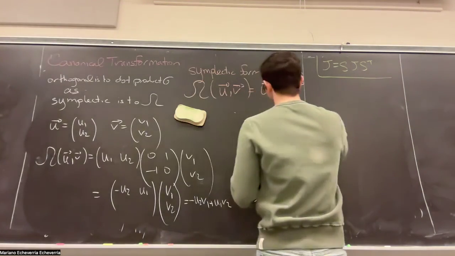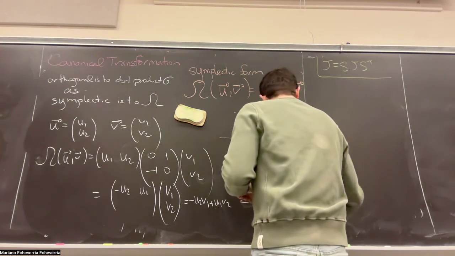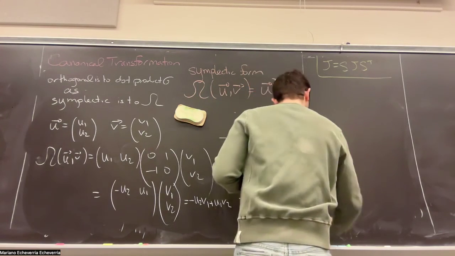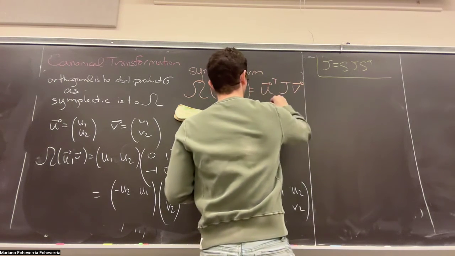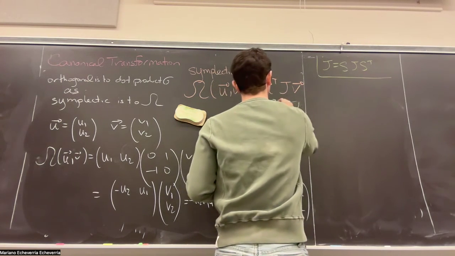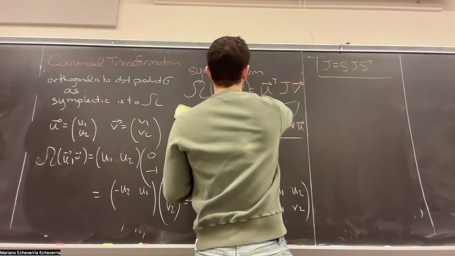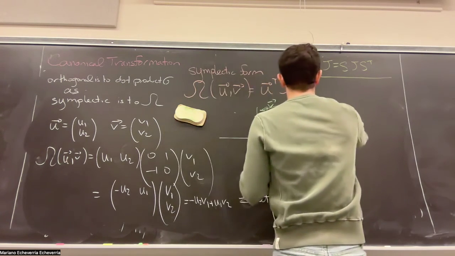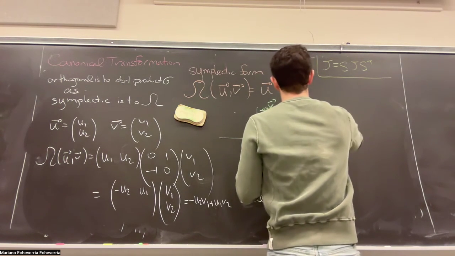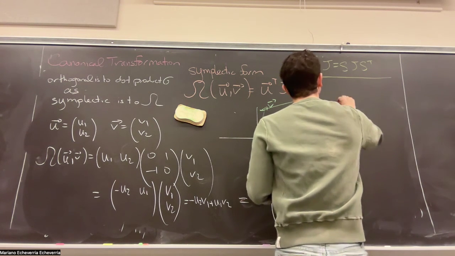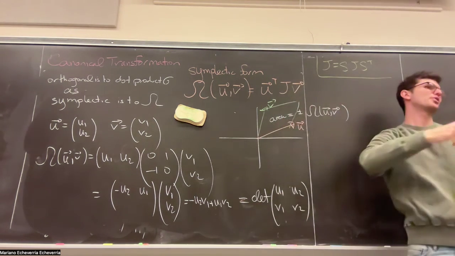So what I'm saying is that you had two vectors U and V, and they span some area. And this area is essentially, in absolute value, plus or minus omega of UV. So omega really just records the area with a sign, because of orientation.